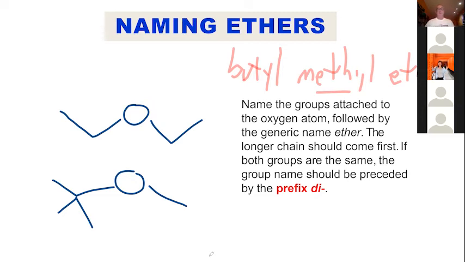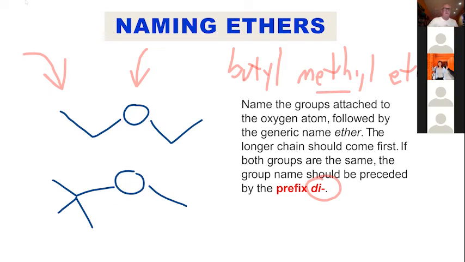So butyl methyl ether. What would we call this one? If we have the same group on both sides, we just call it di. So what do we call that one? Diethyl ether, right? You just call that diethyl ether because we've got 2 carbons on either side.